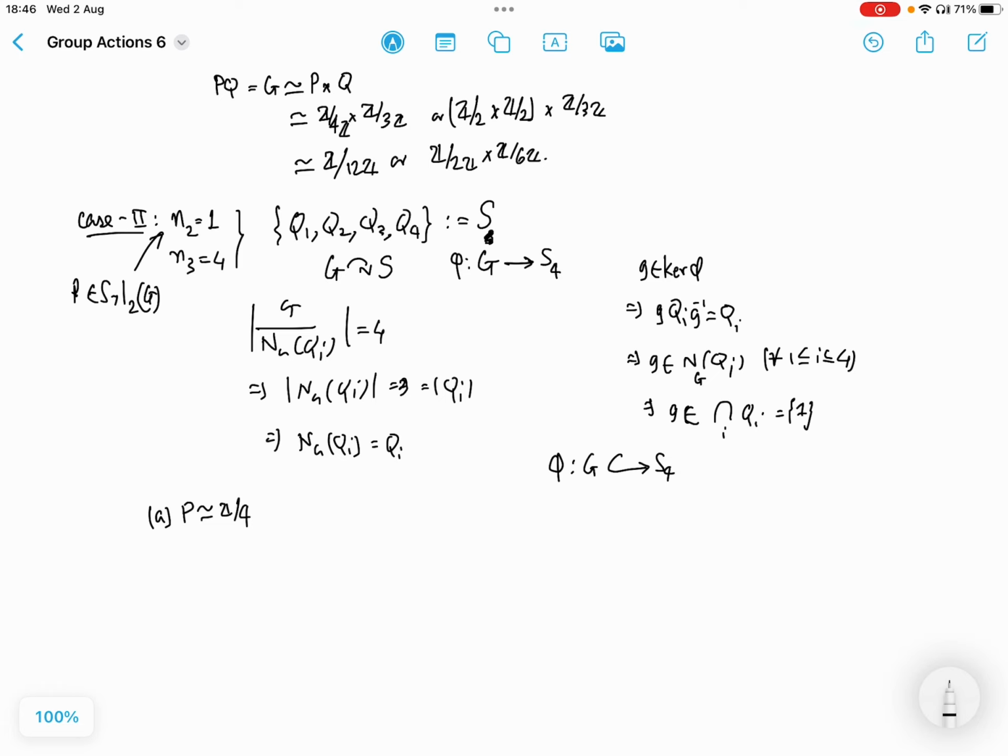And suppose P is just Z2 cross Z2, Z2 direct sum Z2. Then, because this is an injection, G must be isomorphic to its image under phi, which is inside S4, and this is a subgroup of order 12.